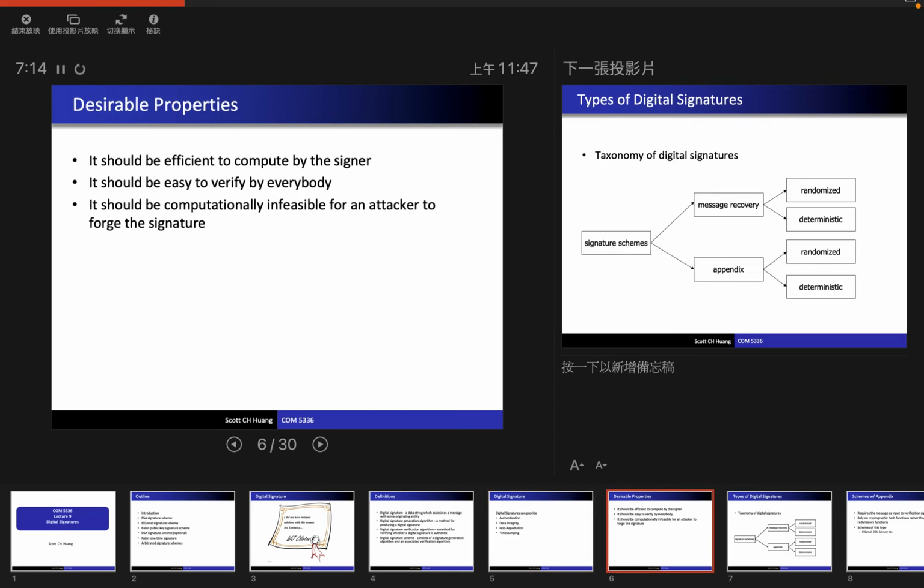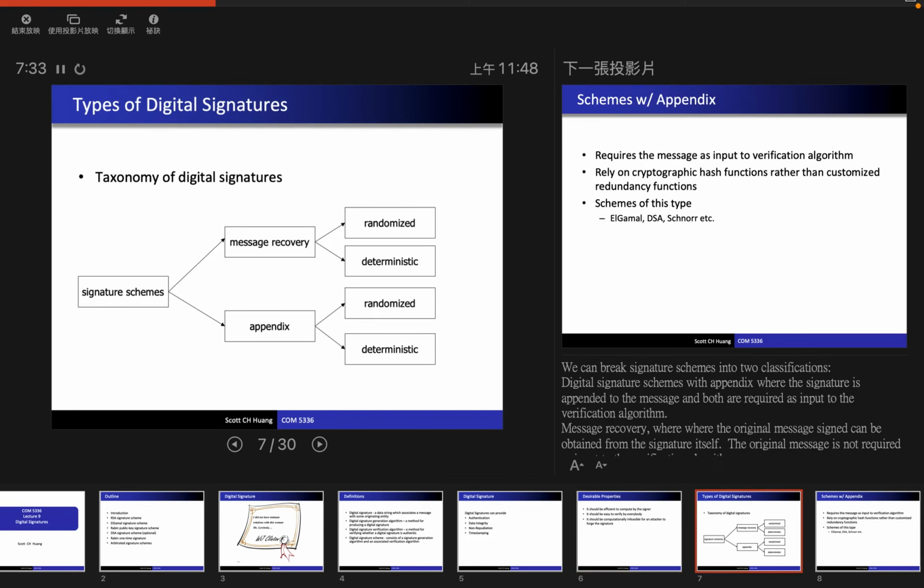Desirable properties. Number 1, it should be efficient to compute by the signer. Number 2, it should be easy to be verified by everybody. Number 3, it should be computationally infeasible to forge. Generally speaking, we can divide the digital signature schemes into 2 categories: message recovery and appendix.